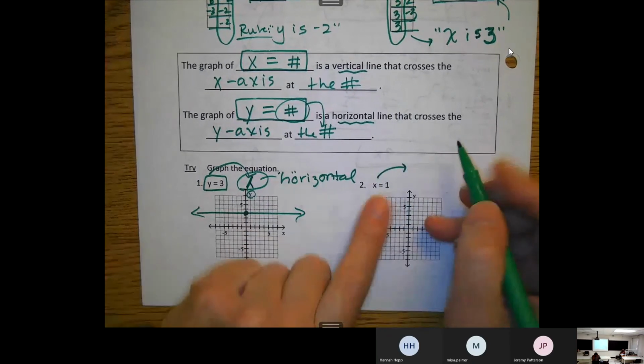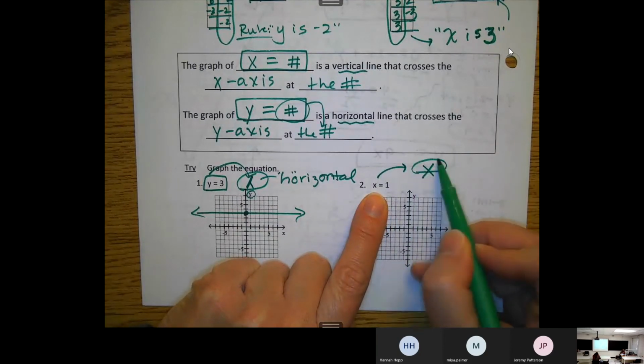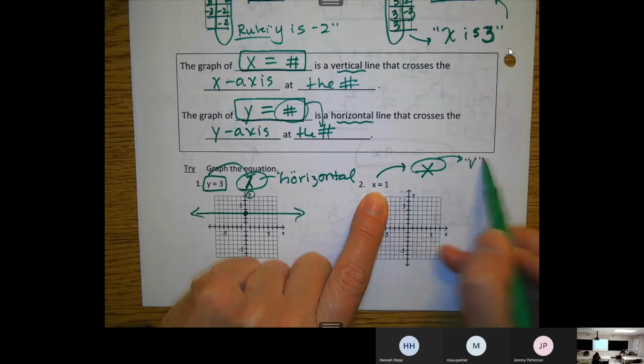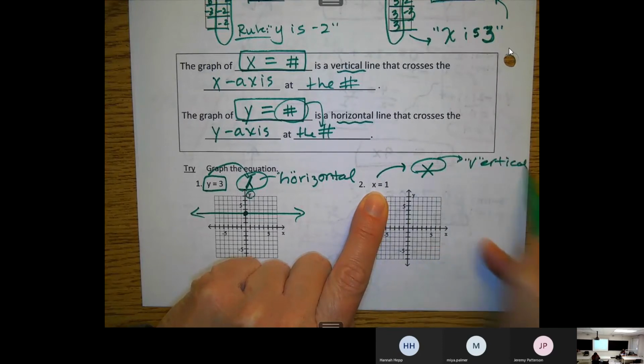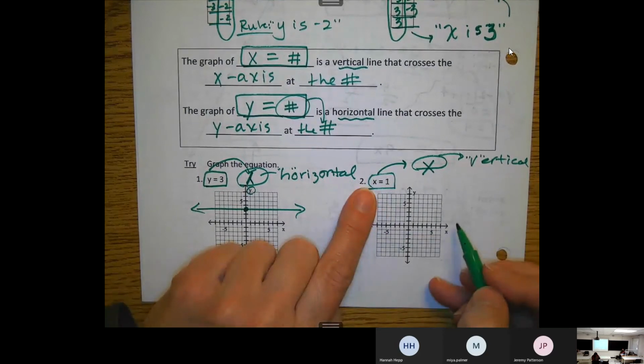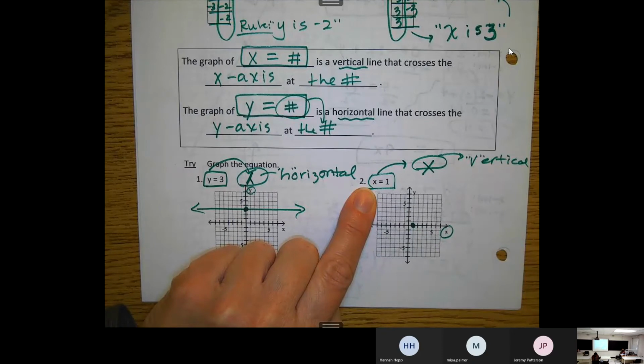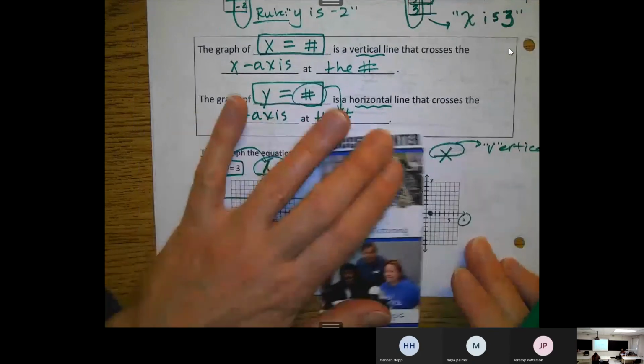On the other hand, when it starts out with x, do you notice that the top half of an x looks like a V for vertical? So number 2 there is going to cross the x-axis at 1. That makes it a vertical line.